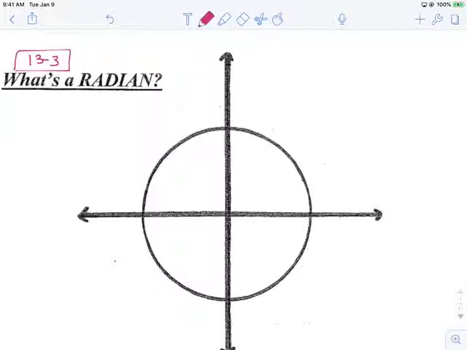If you want to know what a radian is, you look at a circle with radius r. If you look at the angle that's created by giving you an arc of length r, this is the radius, that angle is 1 radian. So this is how a radian is defined. 1 radian.